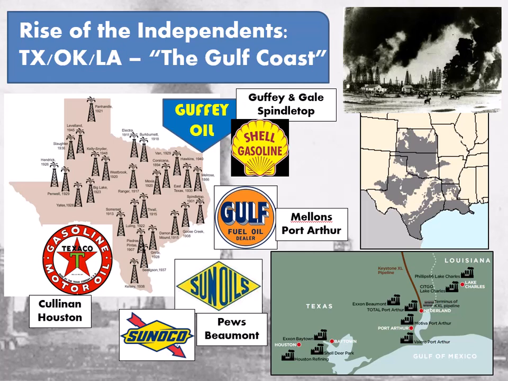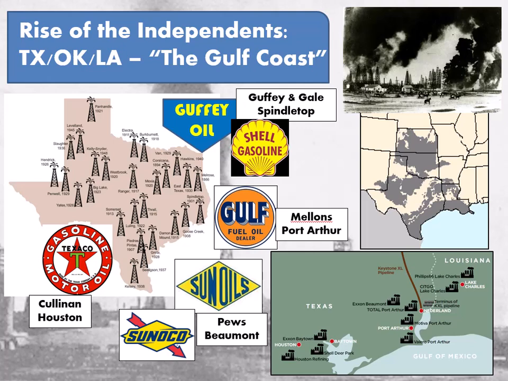Now they're a small operation. Because they have the first foot in the door, they're able to get a foundation, but they're still going to be shut out of East Coast retail markets, right? Rockefeller and Standard Oil are not going to let Guffey and Galey or Pure Oil, Guffey Oil down in Texas, sell their oil to East Coast markets.